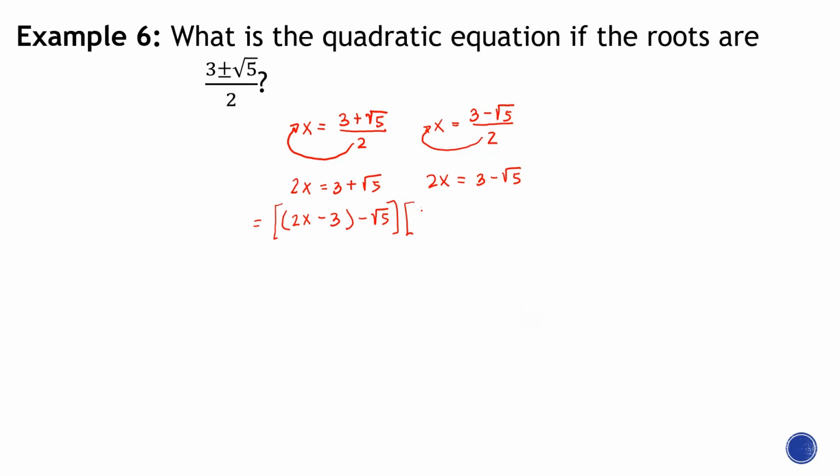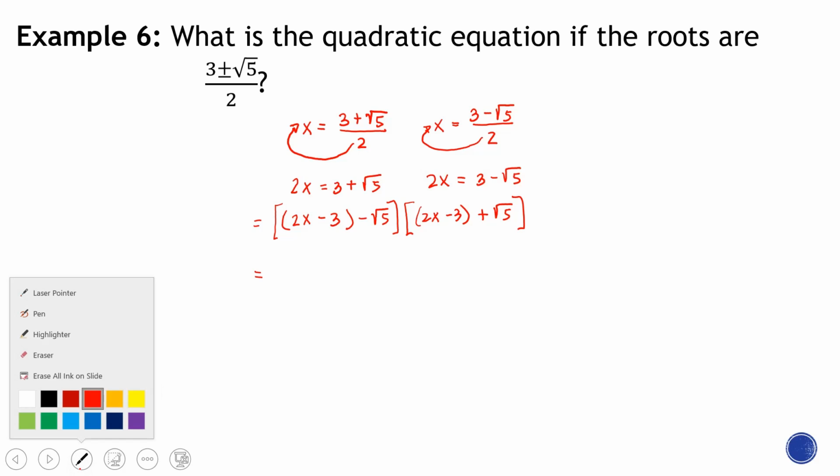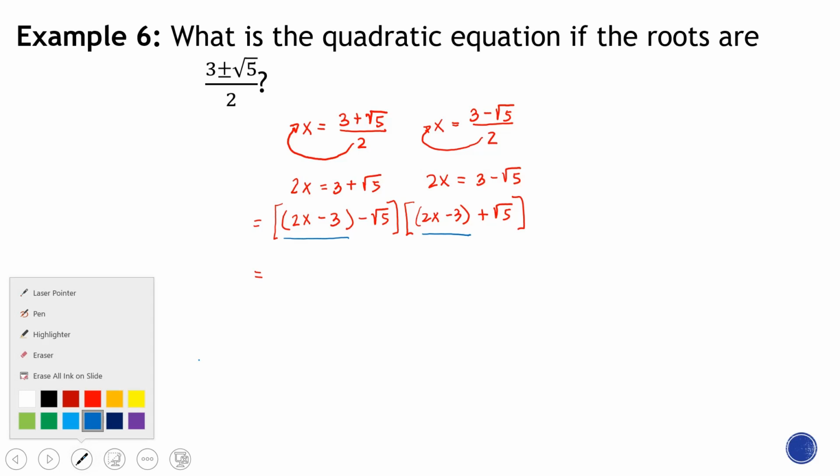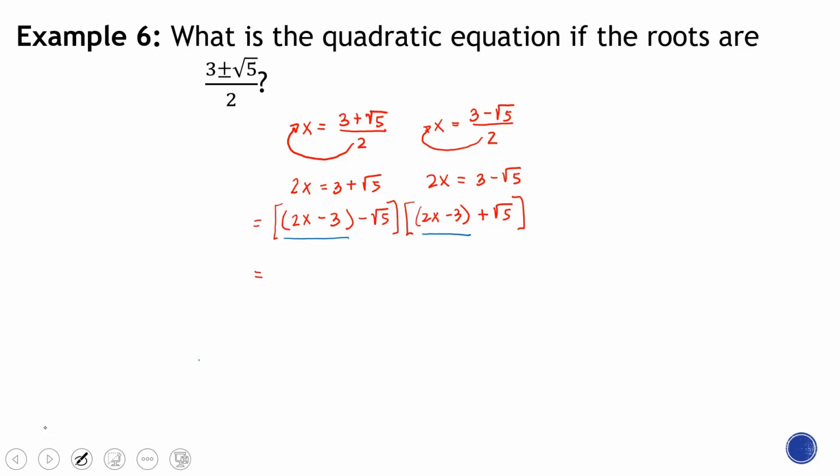So this is 2x minus 3 plus square root of 5. Okay, and again, we will only multiply here the first terms. Those are the first. We will consider 2x minus 3 as our first term, and then this as our last term.